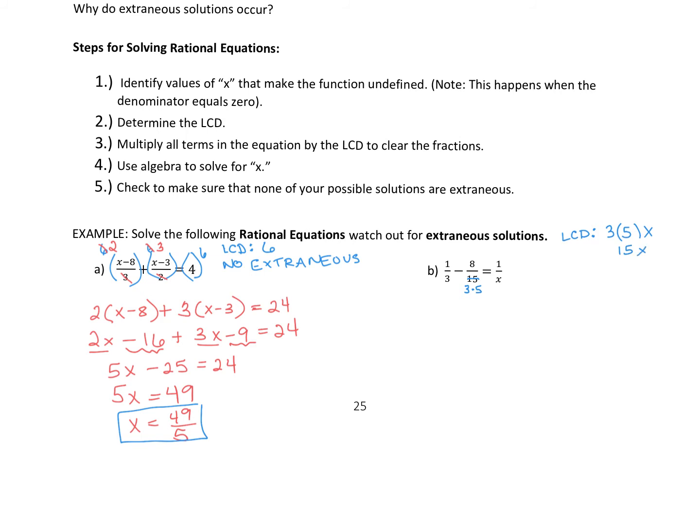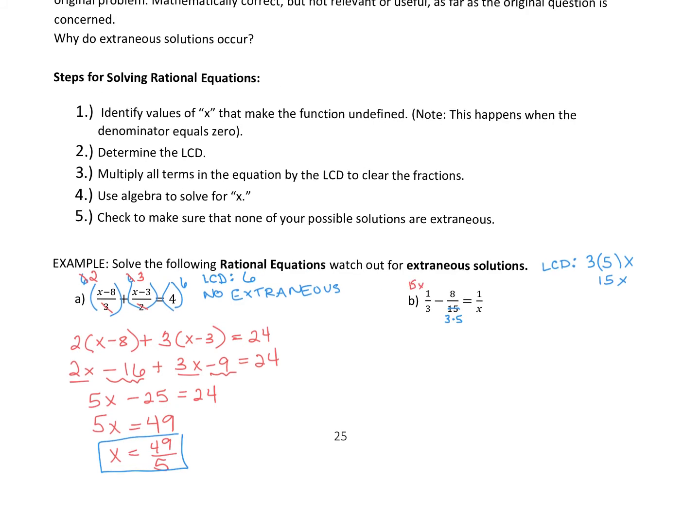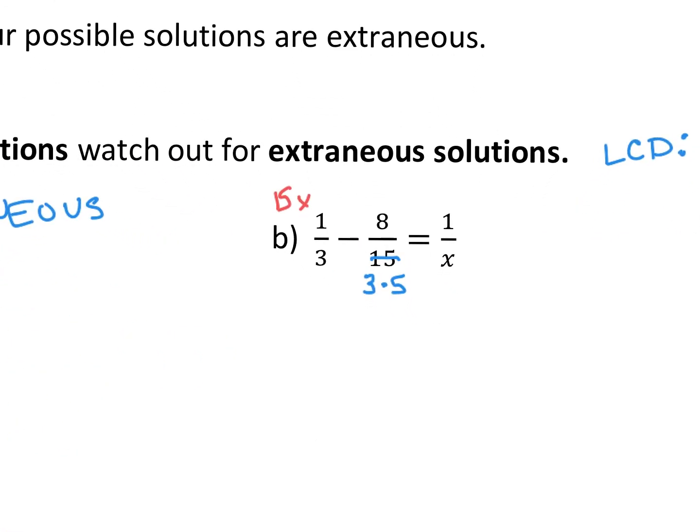So in this case, our least common denominator is 15x. So when I multiply by 15x for each one of these, I notice that 3 goes into 15 5 times, and we have 5x.